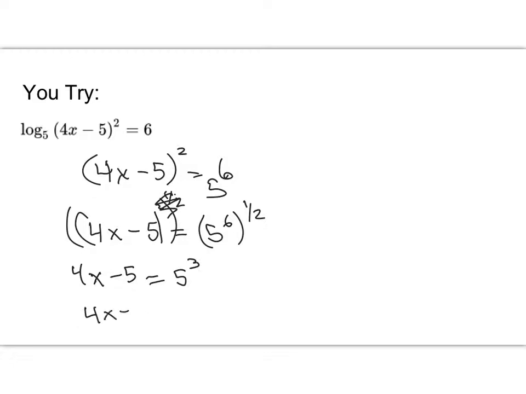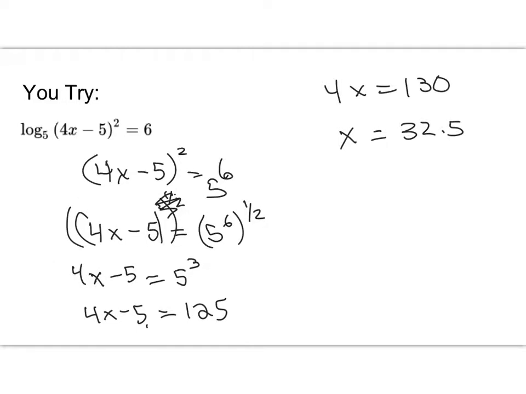So 4x minus 5 is equal to 125. Add 5 to both sides, and 4x is equal to 130. Divide by 4, and x is equal to 32.5. Simple.